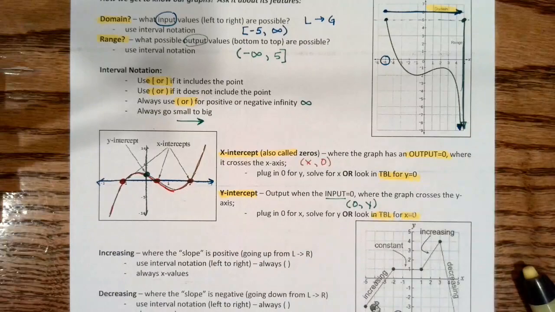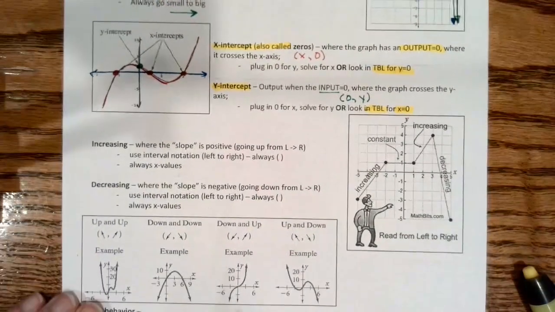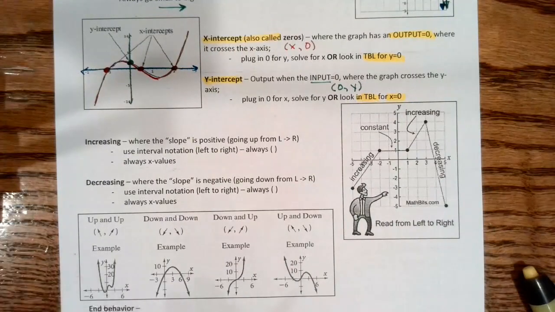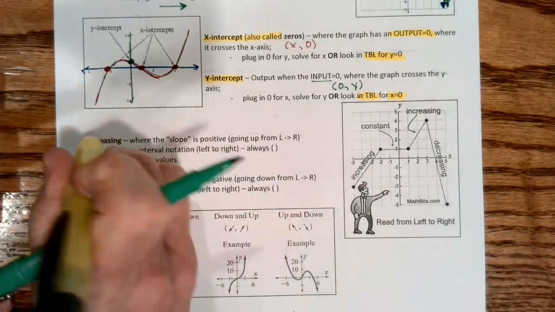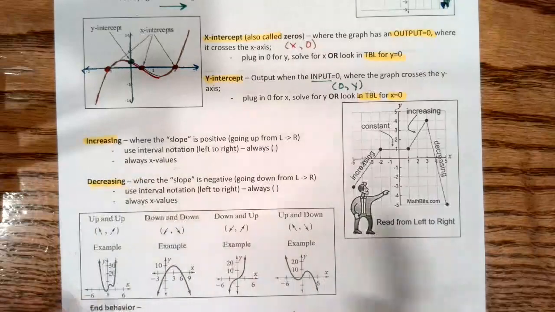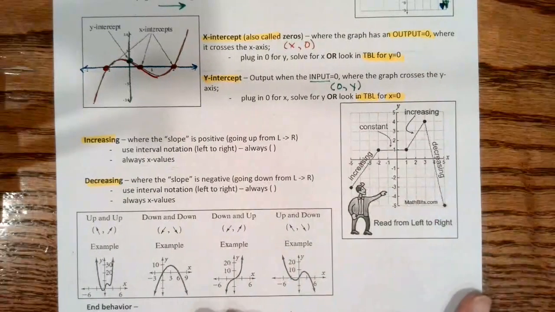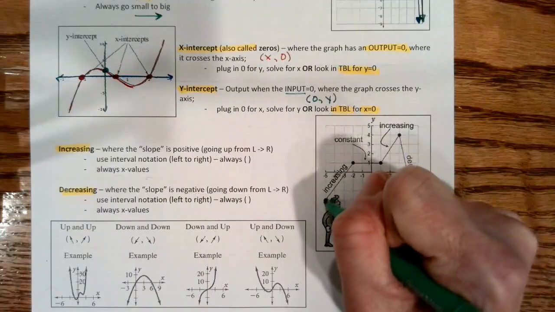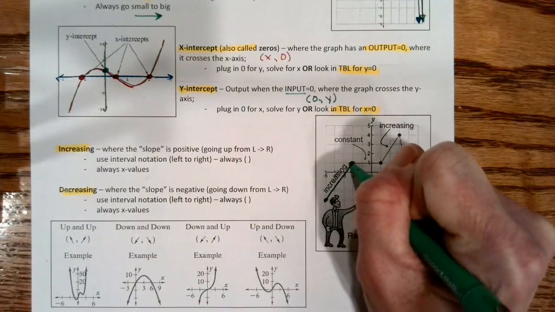All right, the next conversation that we have with graphs is one that kids still find a little bit difficult. And this increasing and decreasing behavior references this graph here. Where my slope is positive, that's where I am increasing.